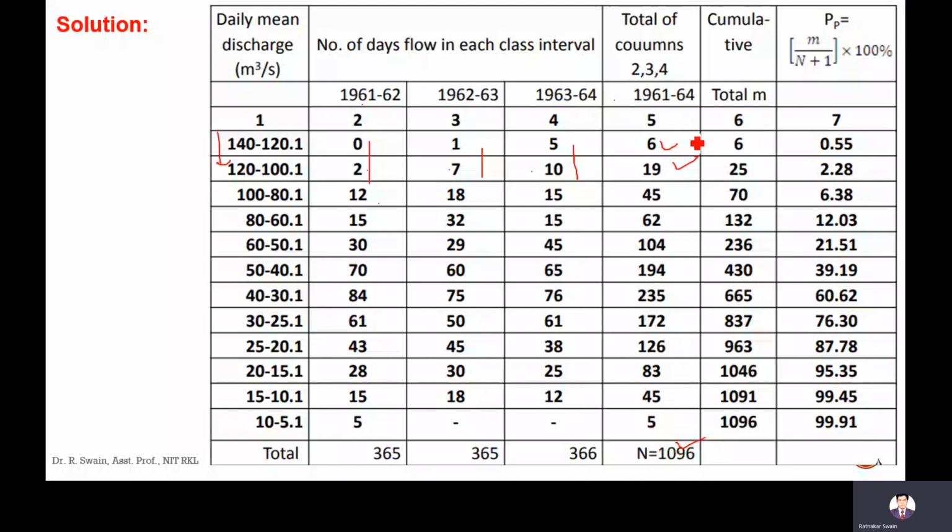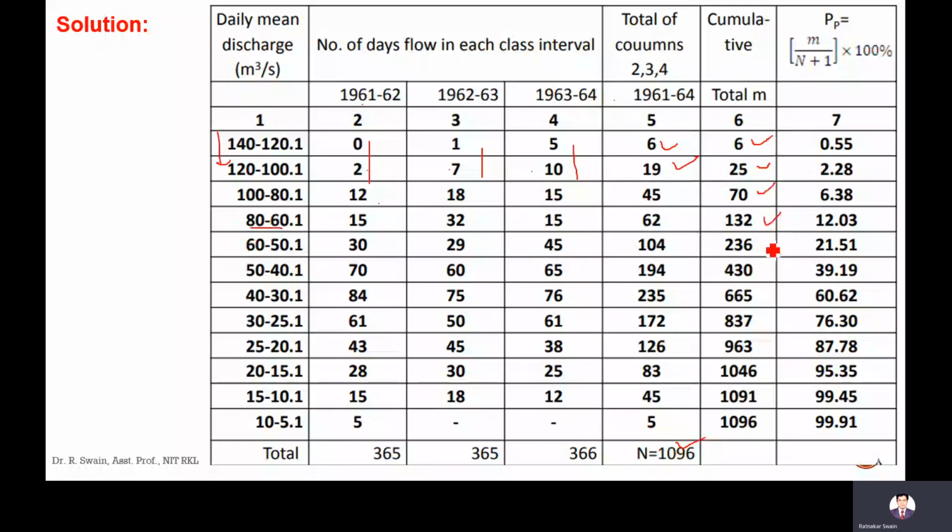So the cumulative value, that is M, means 6, 25, 70, 130. That means 130 times the flow is more than this, the flow in between 80 to 60.